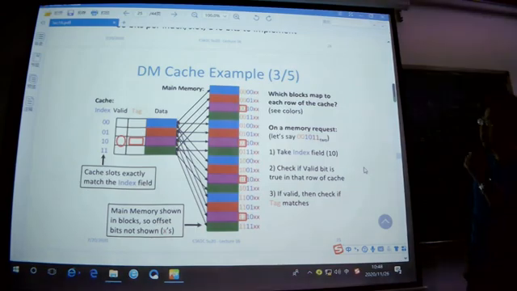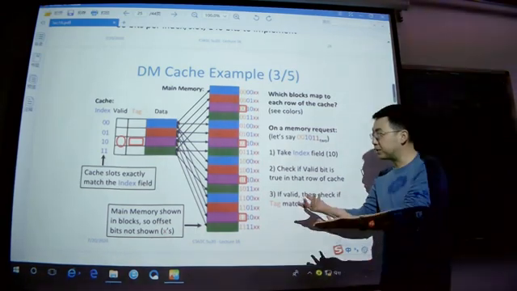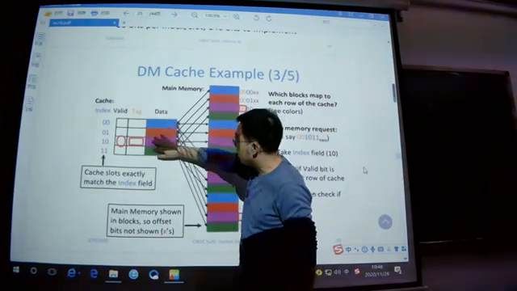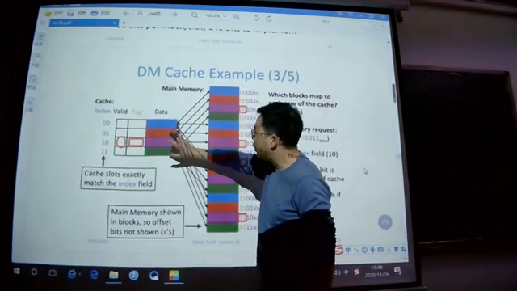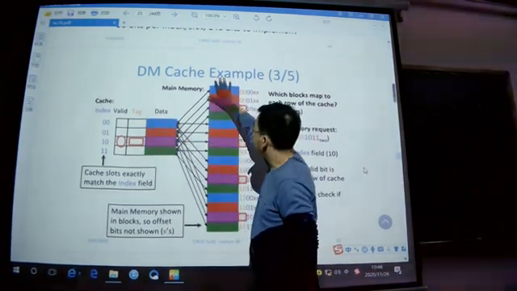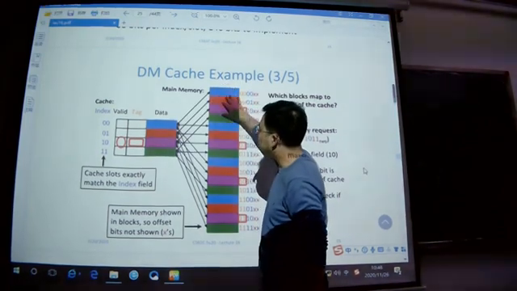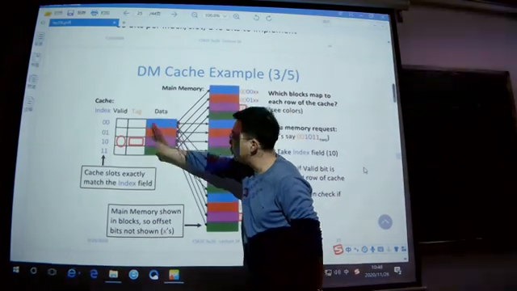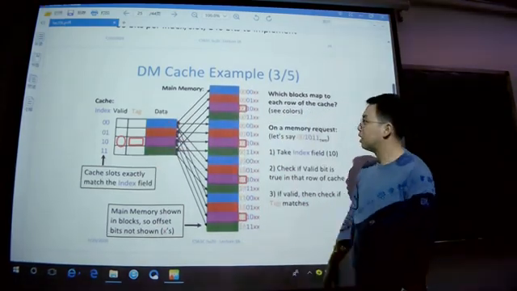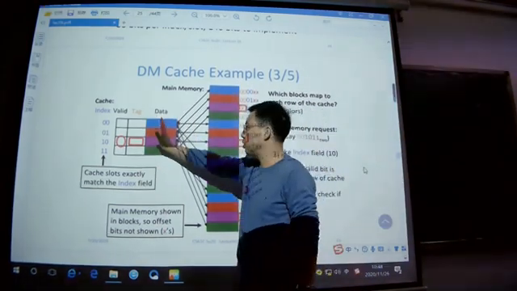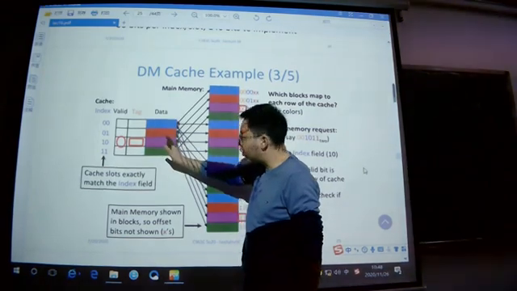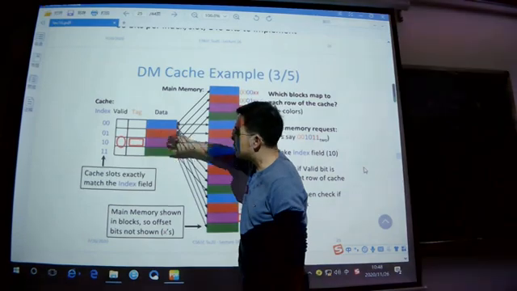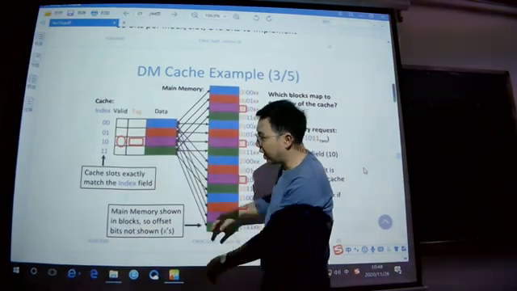We can find the example. We use 1 column as a group. If we use the 4 data sections, we can move to cache. Yeah, but if the data are not used recently, we must replace these data, move to cache.